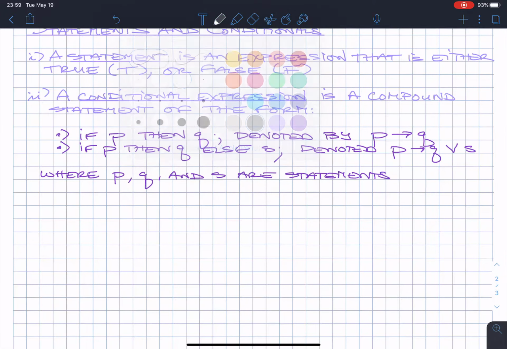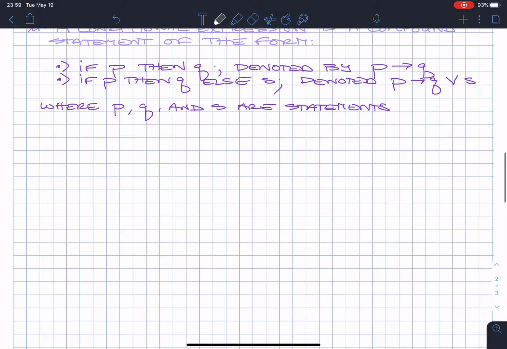Okay, so let's see an example of this. For example, if it is sunny, then we will use the air conditioning, or then we will use the AC.